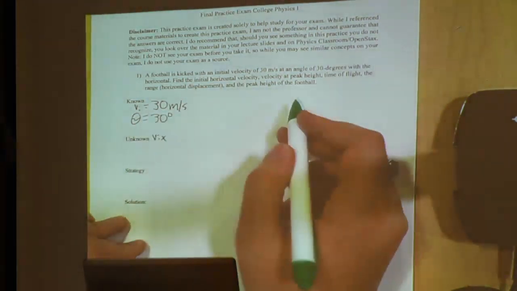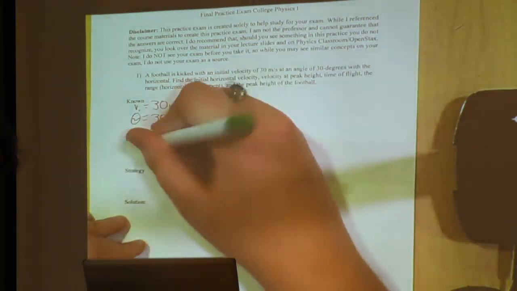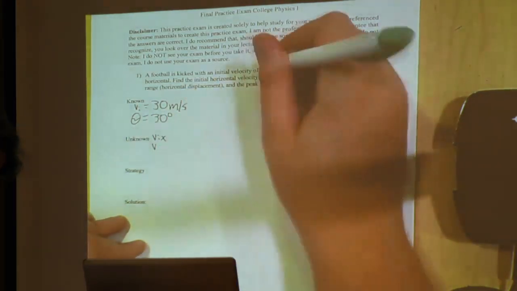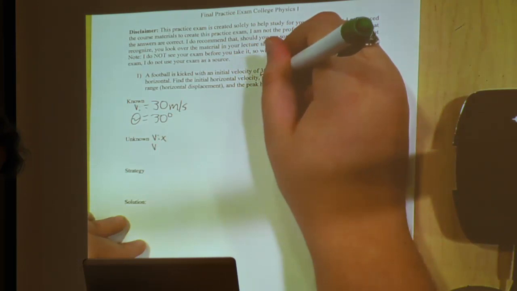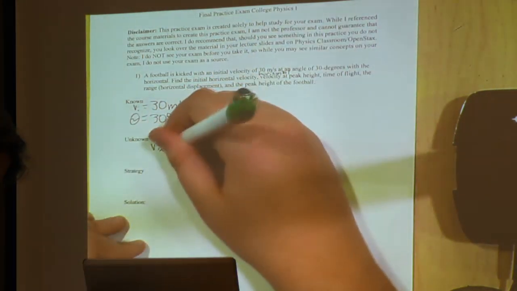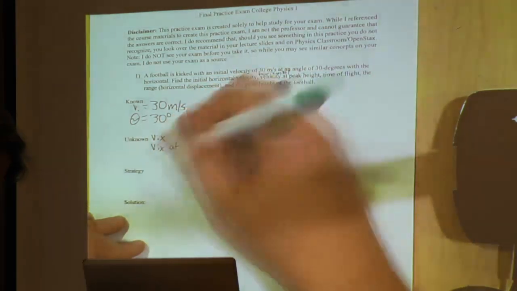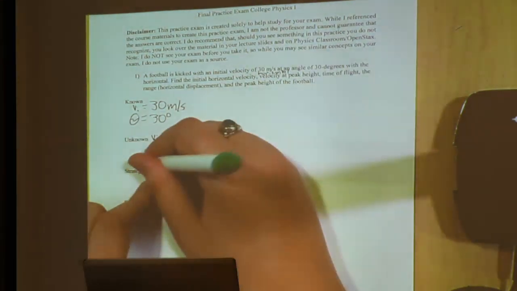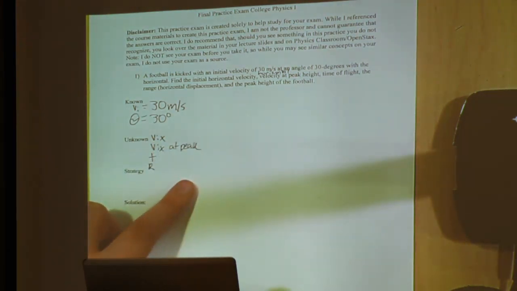We need velocity at the peak height. So this would be horizontal velocity, my bad. So horizontal velocity at the peak height, so VIX at peak. The time of flight, we'll just put as t, lowercase t. The range, which is r, and the peak height of the football, so we'll have h. Any questions about the current setup?